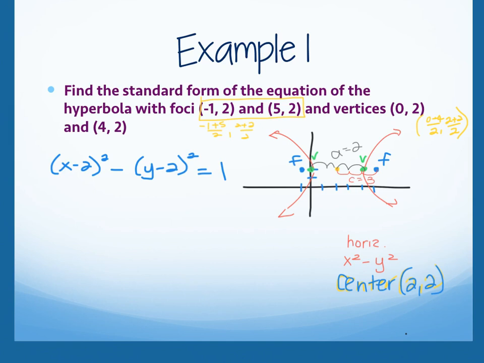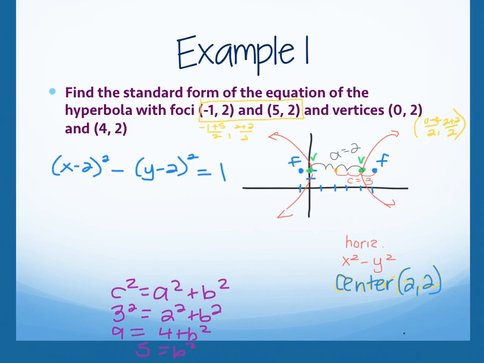With me so far? What's the relationship between A, B, and C? A squared plus B squared. So C is 3. A is 2. Which makes B squared 5.